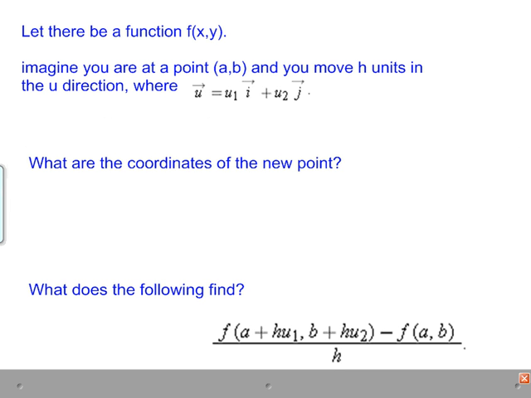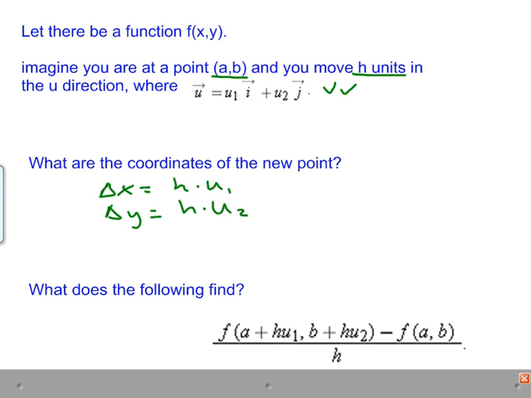Okay, so let's develop this idea of directional derivative. Let's just imagine that we're at some point (a, b), and I'm going to move h units along this unit vector. So if I move h units along that unit vector, my change in x is going to be h times u1, and my change in y is going to be h times u2.